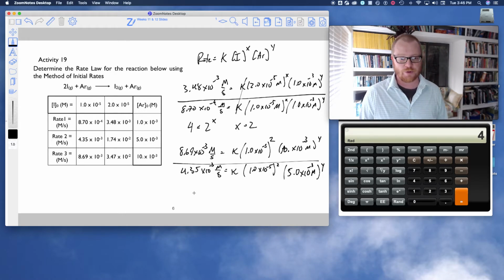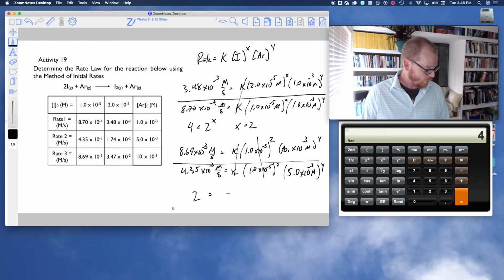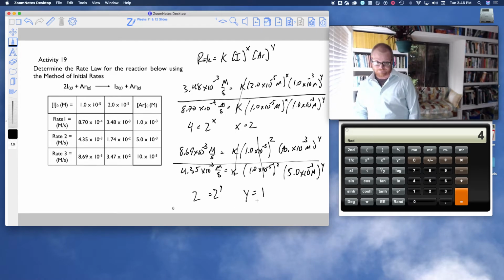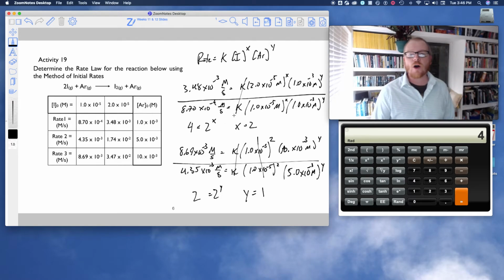8.69 divided by 4.35 is 2, okay? And the K's cancel, and this cancels. And then what I'm left with is 10 divided by 5 raised to the y power, which is just 2 to the y power, so y has to be 1. So what does all of this mean now?